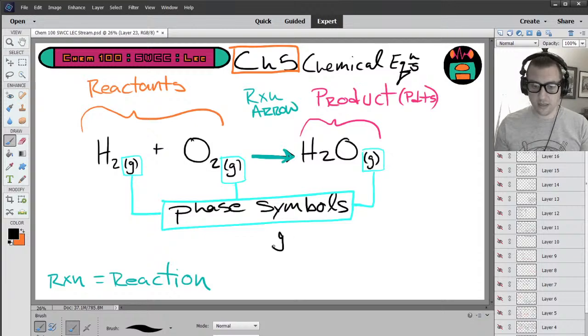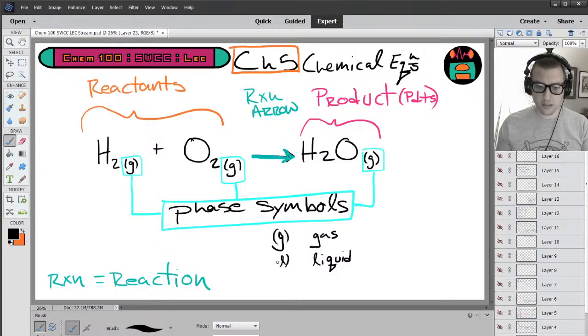G is the gas phase. L is liquid. S, so that looks a little like a G. There we go. S is the solid phase. And AQ is the aqueous phase.